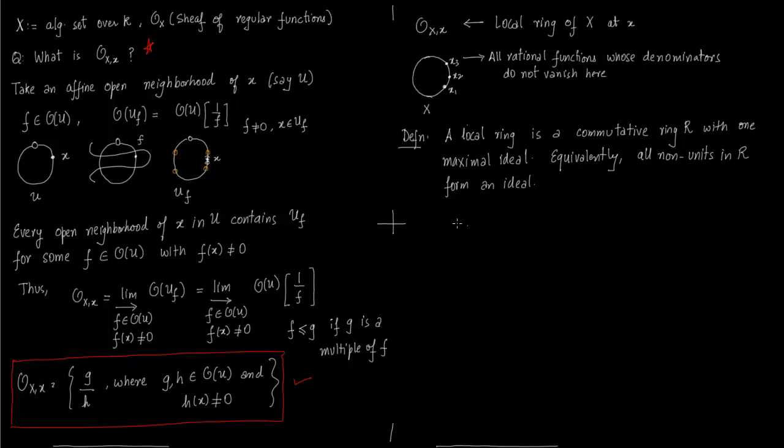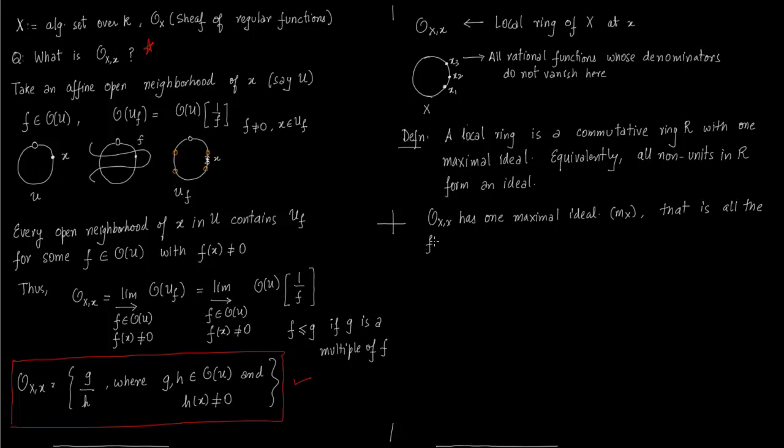So the question is, what is this maximal ideal of our local ring O_{X,x}? So this maximal ideal, again, O_{X,x} is of the form g/h. So the maximal ideal you can say where g is 0. So if you write the maximal ideal as say m_x, the functions in m_x are precisely those functions, say functions f in m_x, such that those functions vanish at the point x.